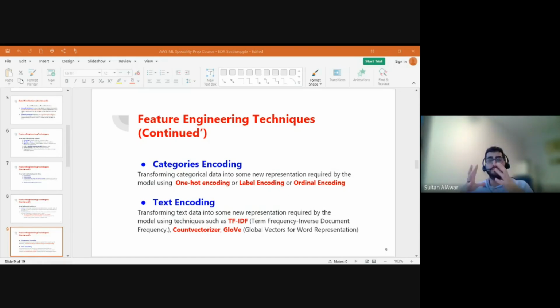What do these do, like TF-IDF or CountVectorizer or GloVe? They take the text data and transform it into numeric representation, which is accepted by the model.